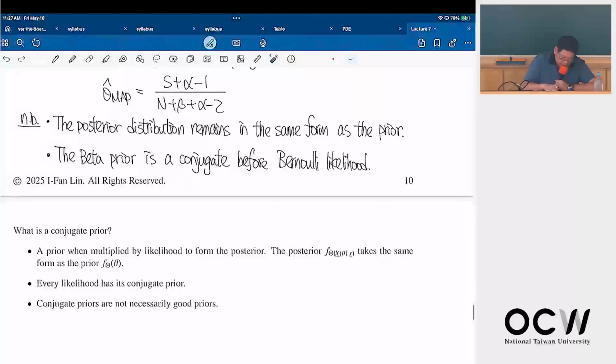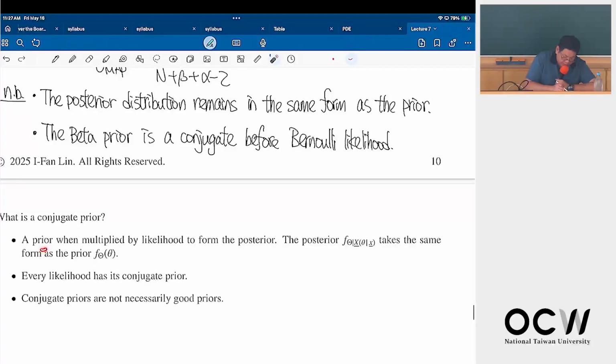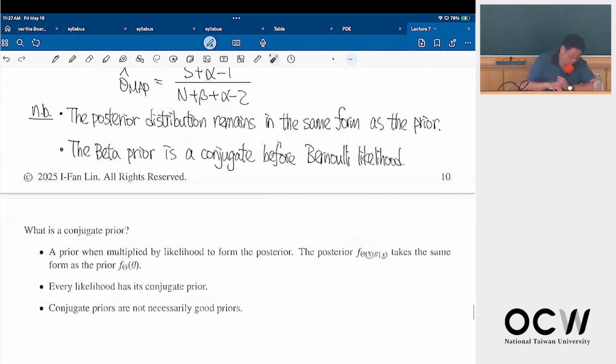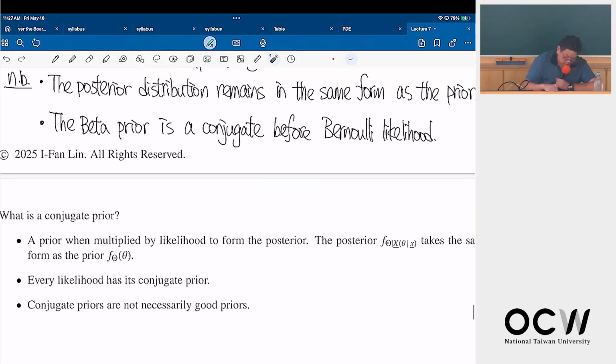The conjugate prior means that a prior, when multiplied by the likelihood to form the posterior, takes the same form as the prior. And then every likelihood has its conjugate prior. And for the conjugate priors, well, it's easy to find, but they are not necessarily good priors.